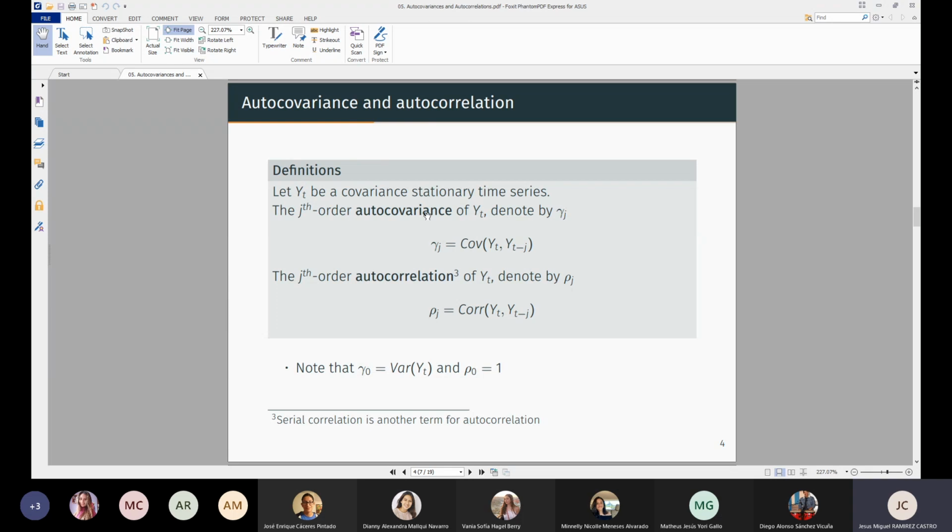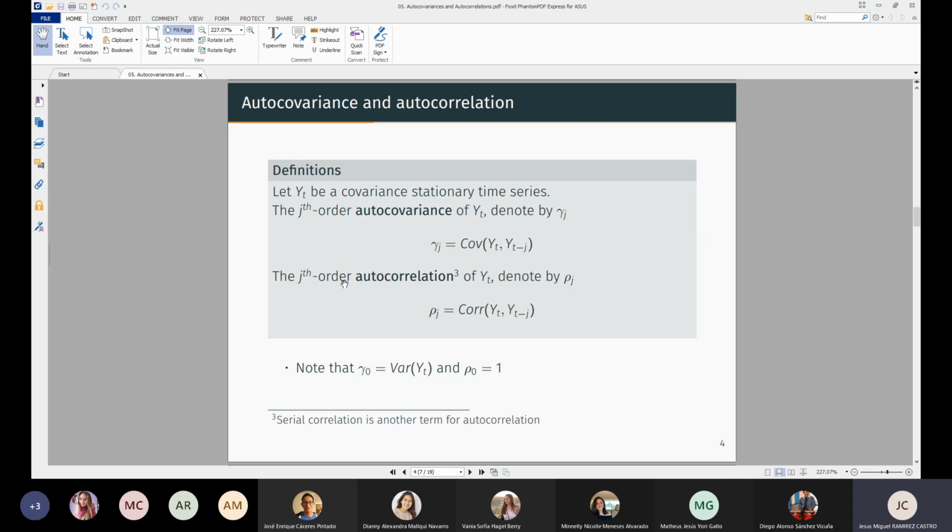The J-order autocovariance of YT will be the covariance between YT and YT minus J. That is the J order, okay? And we denote the autocovariance using the Greek letter gamma with the subscript J. So the autocovariance of YT of order J is gamma J.